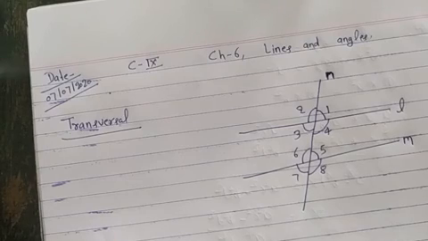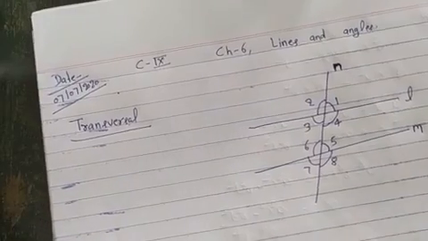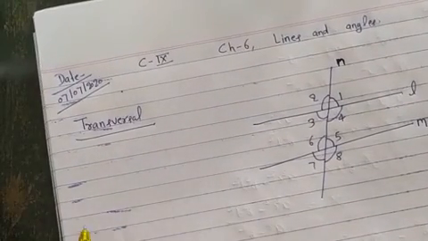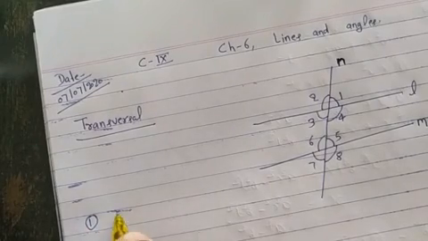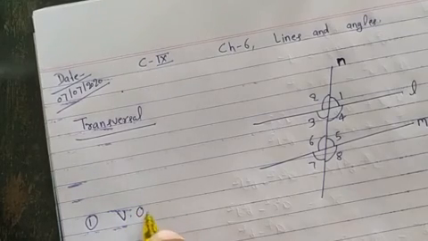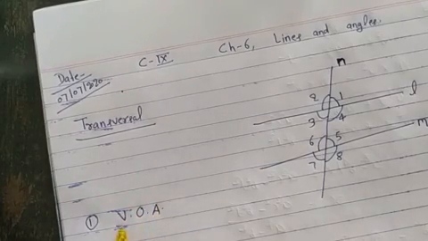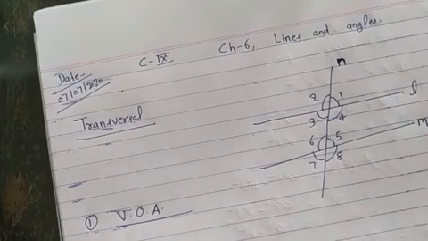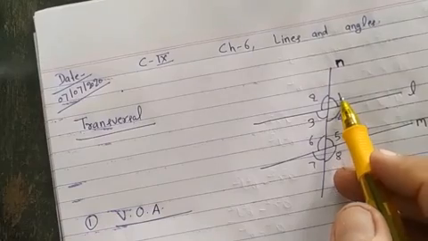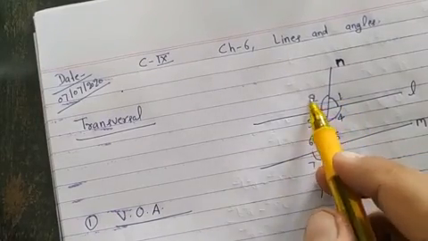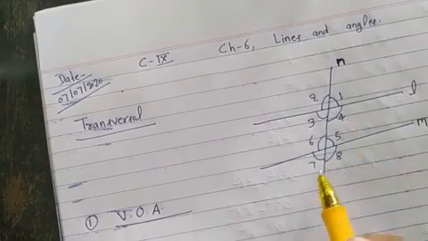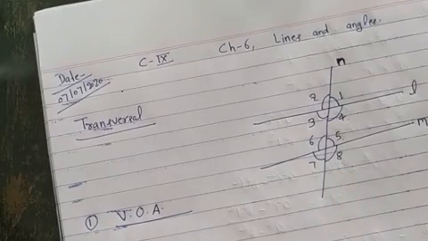Okay, and among all 8 angles there are some different types of angles. First is vertically opposite angles. Which angles are vertically opposite angles? Angle 1 and 3 are vertically opposite, as well as angles 2 and 4, 5 and 7, and 6 and 8.